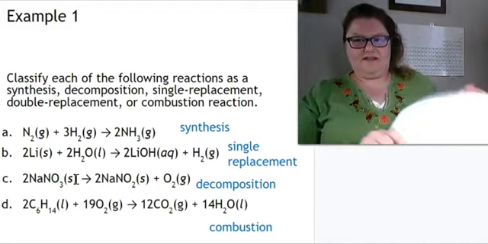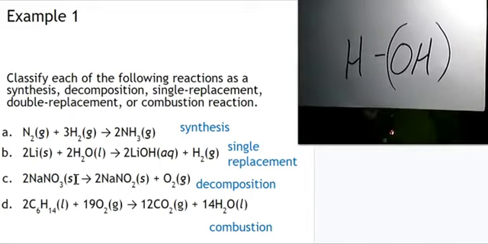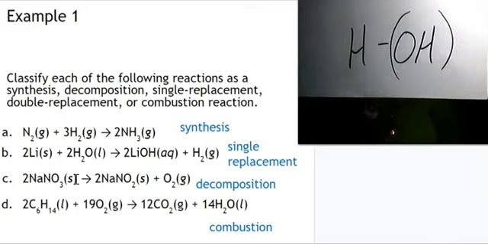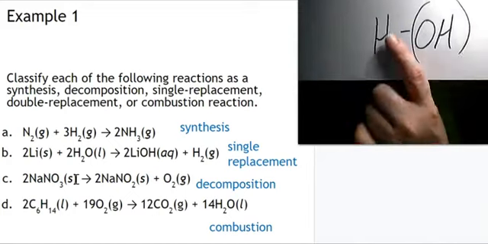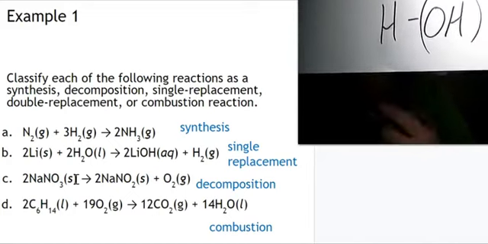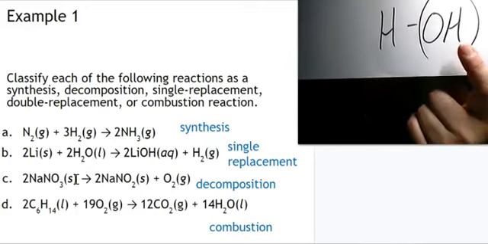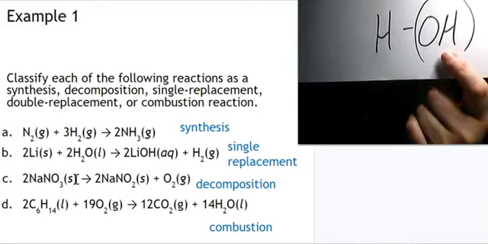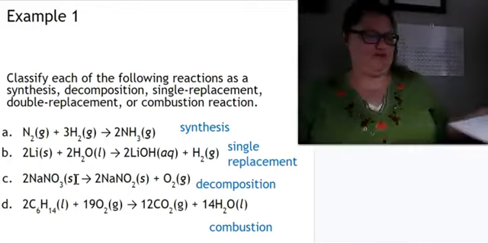It might be helpful to write water as you see here in my drawing: a hydrogen and a hydroxide ion, and I just put the bond between them there. That means when water breaks apart in a reaction, it's going to break apart as the hydroxide ion staying together and then the hydrogen ion being separate from it.